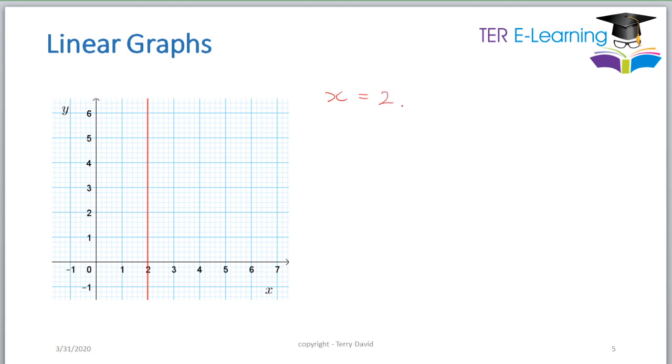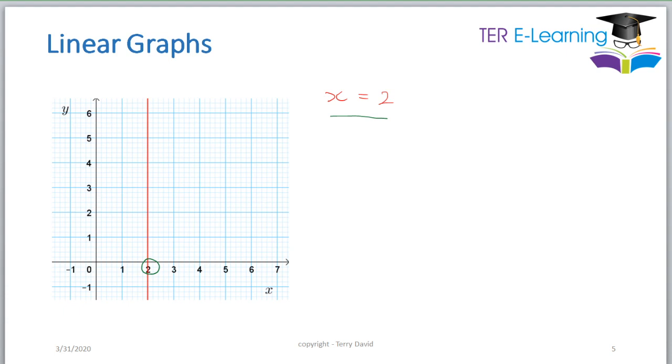Every time you have a vertical line, the equation of that vertical line will always be x is equal to something, right? So that line passes through the point x equal 2, so the equation of this line is x is equal to 2.